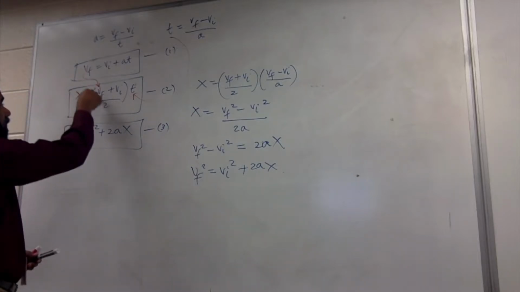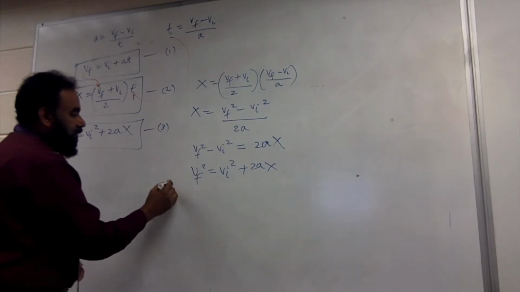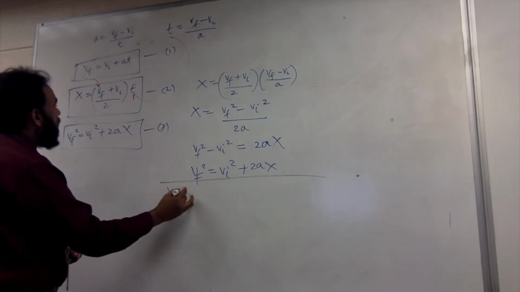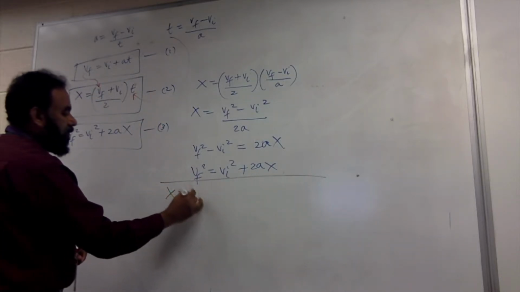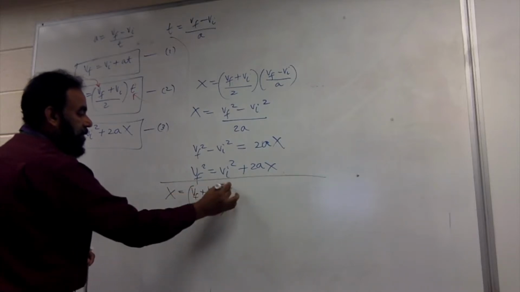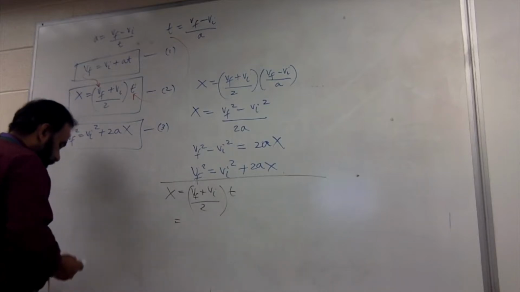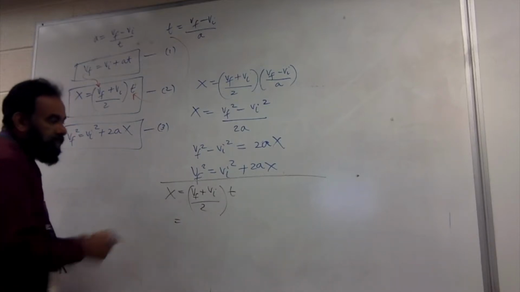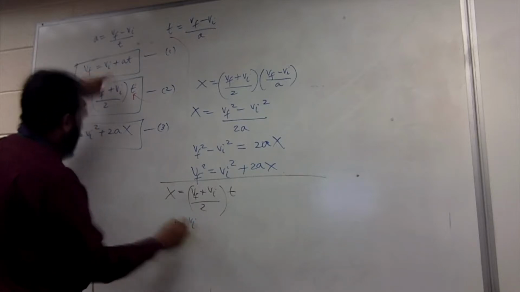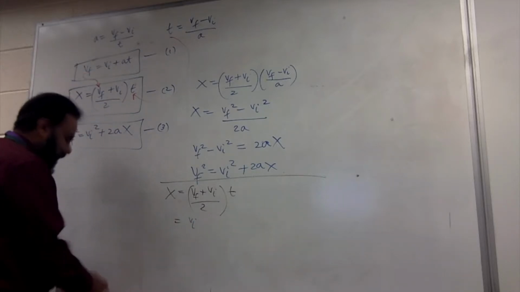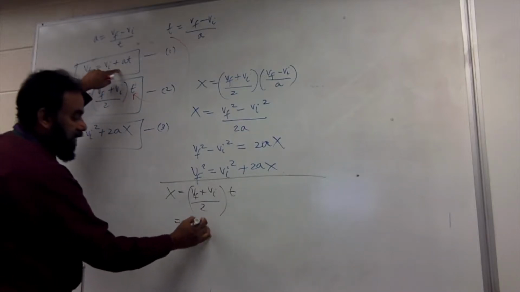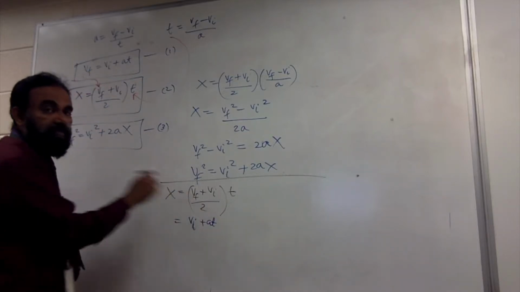So what happens? If I take this Vf and plug it here, your equation is going to be X is equal to Vf plus Vi over 2 times time, changes into Vi plus At, that is for Vf.